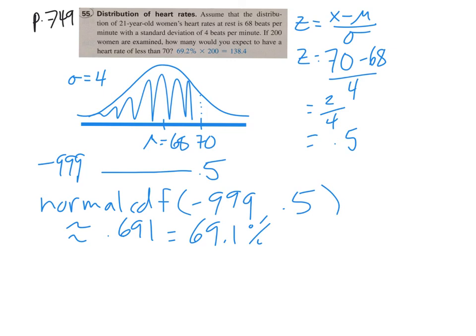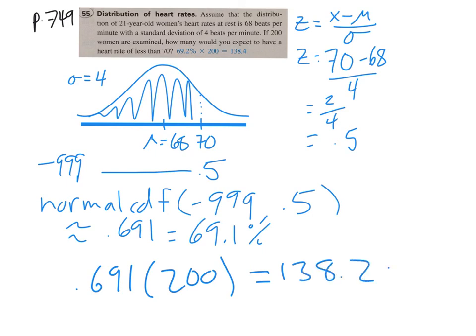You just take the decimal, 0.691, and multiply it by 200. And this gives you about 138.2. This is a word problem, so we should answer it. It's 138.2 women.